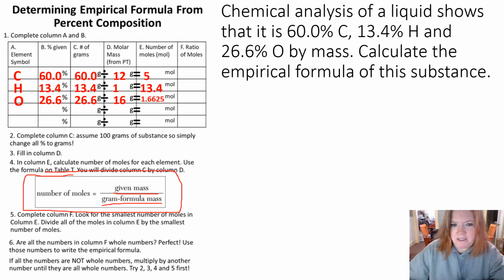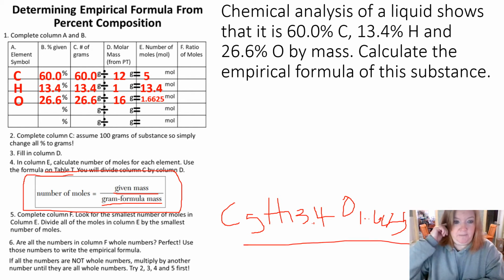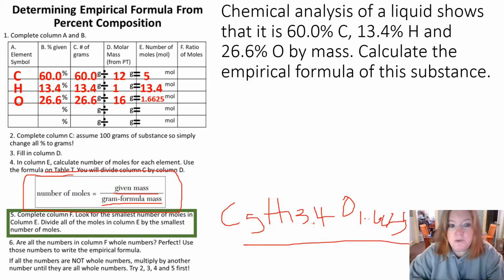So now I have the number of moles. So if I were writing this as a formula, it would be C5H13.4O1.6625. You see a problem with that? Yeah, nobody writes formulas like that. That's way too complicated. So the next step, what I need to do is look for the smallest number of moles.